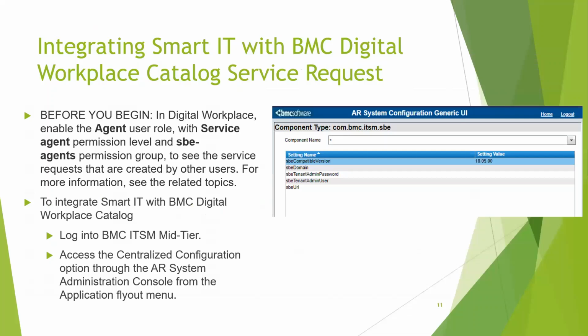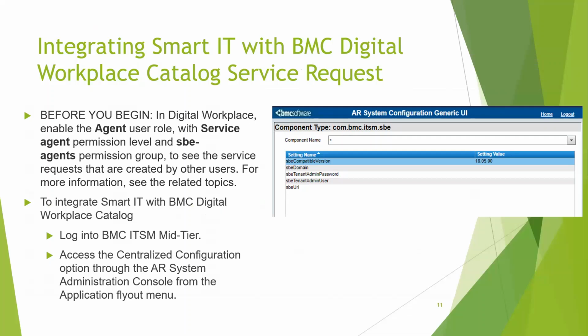Okay, so configuring Smart IT. Some of the things that you want to do if you're going to incorporate DWP Advanced into Smart IT, these are the steps that you have to perform. So you'd have to go into, and I'm old school, I love the configuration generic UI form.